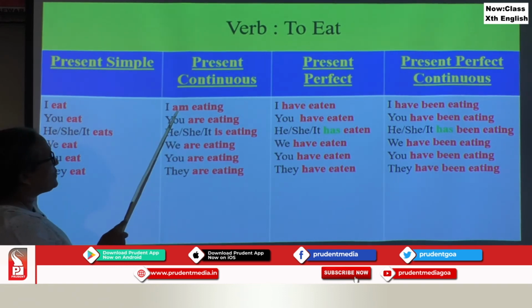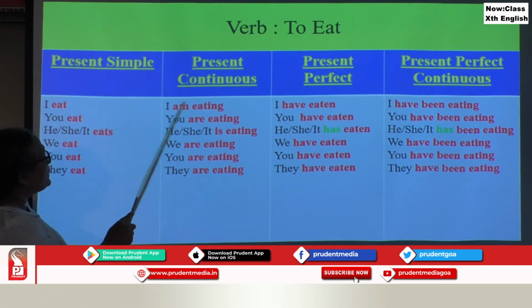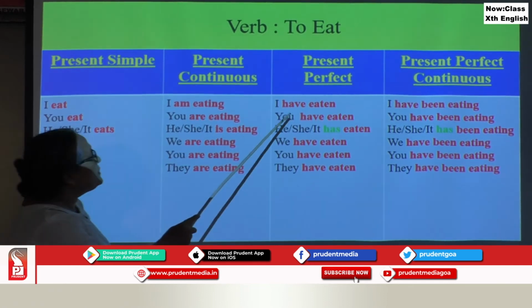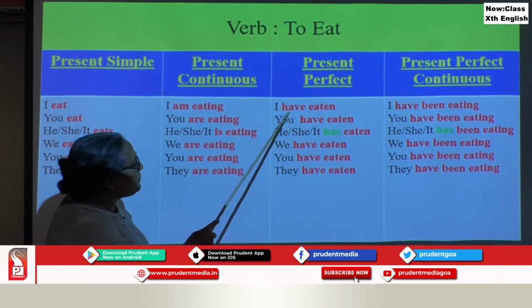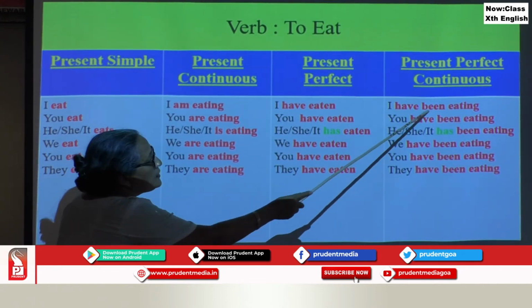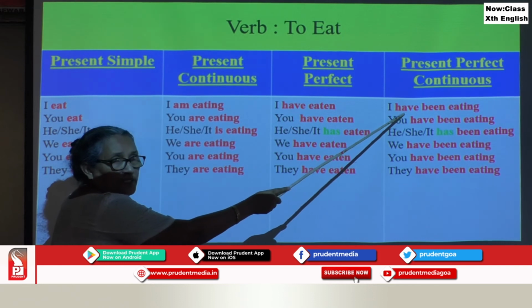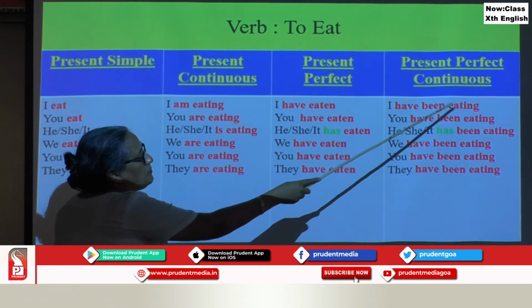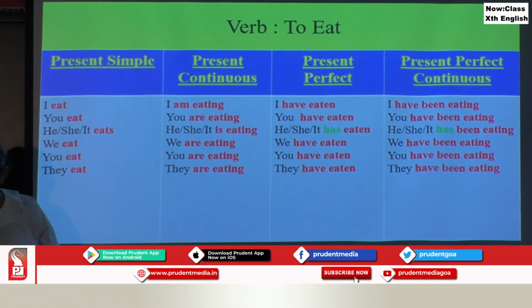Ing form plus verb to be. In the present simple form here and ing form here. Verb to have in the present simple form plus past participle. Here, present perfect of verb to be, have been plus ing form.